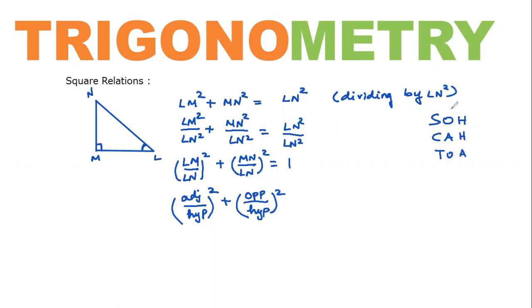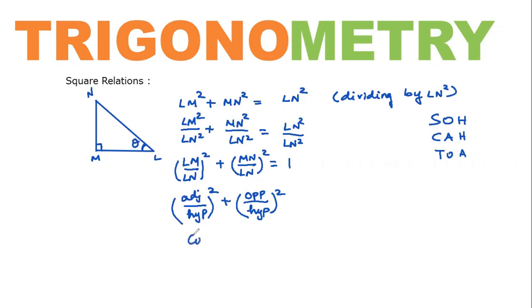So SOH CAH TOA. Sine is opposite upon hypotenuse. Cos is adjacent upon hypotenuse. So adjacent upon hypotenuse is cos theta. If I take this angle as theta, this will be cos theta.